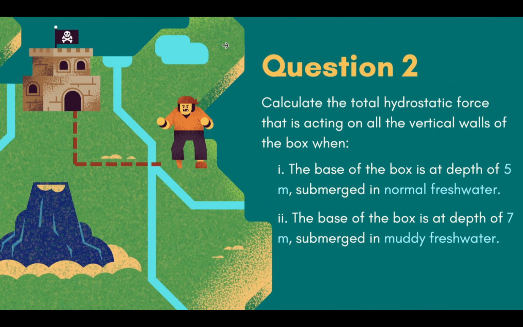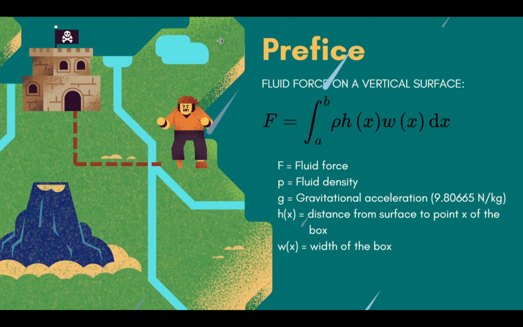So to solve it, we need integrals, specifically the equation of fluid force on a vertical surface, which we will multiply by 4 later to account for all sides of the box.